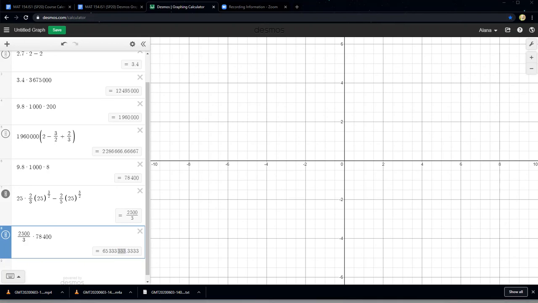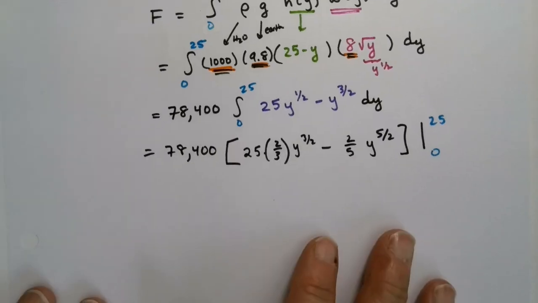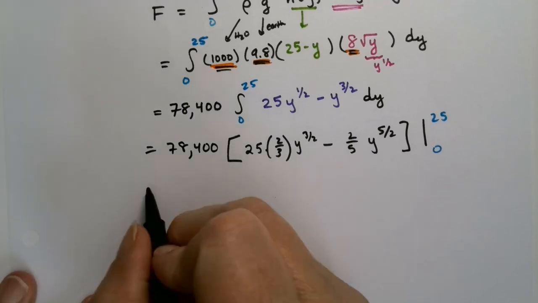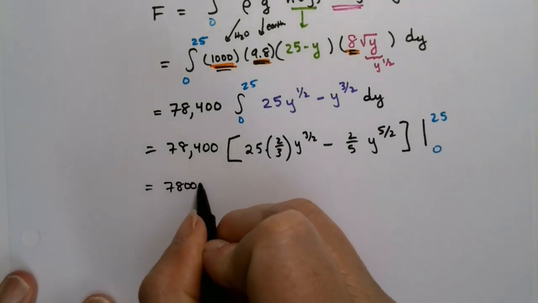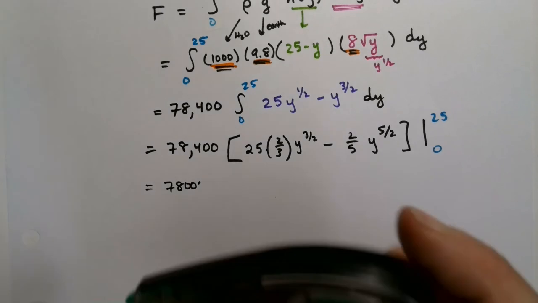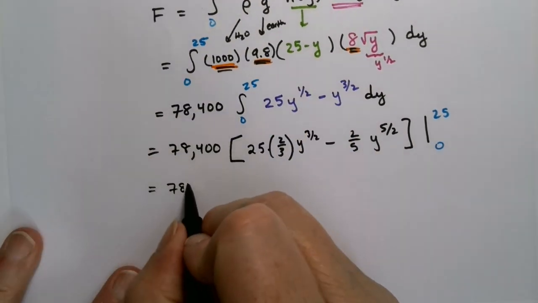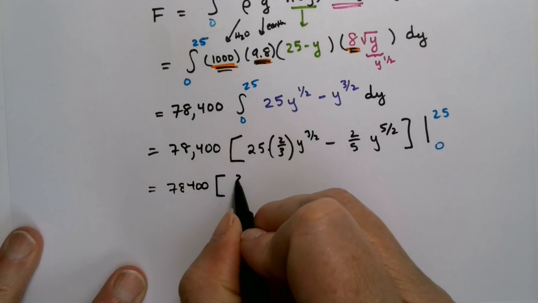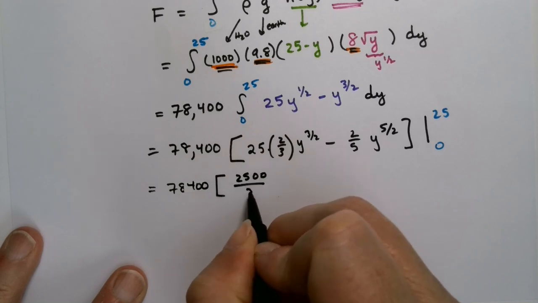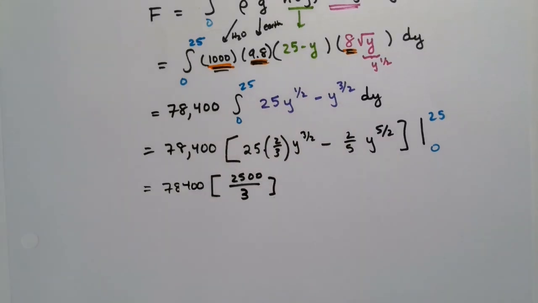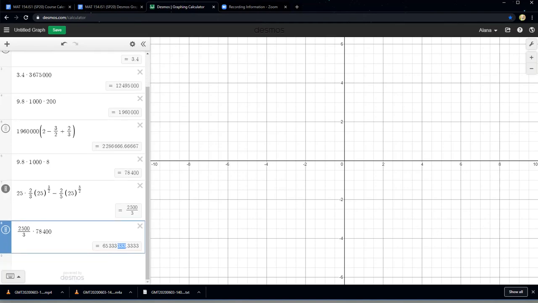All right, so let me go back here. So this was 78,400 times 2,500 over 3, which came to 65333 newtons.